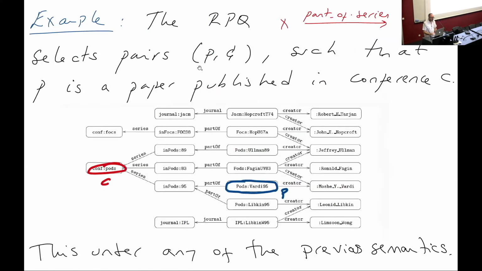It's selecting all pairs P and C such that P is a paper published in a conference C. So these are precisely the nodes in this graph database that satisfy this query. All pairs of papers P and conference C such that they are linked by part of series. This, of course, under any of the previous semantics, because this is not only an arbitrary path, it's a simple path and it is a trail.